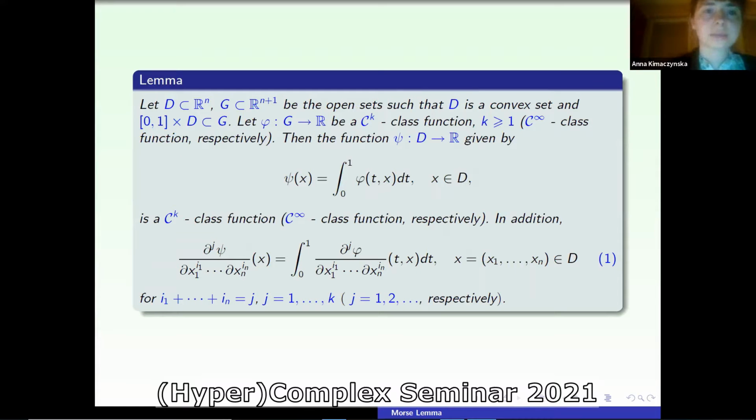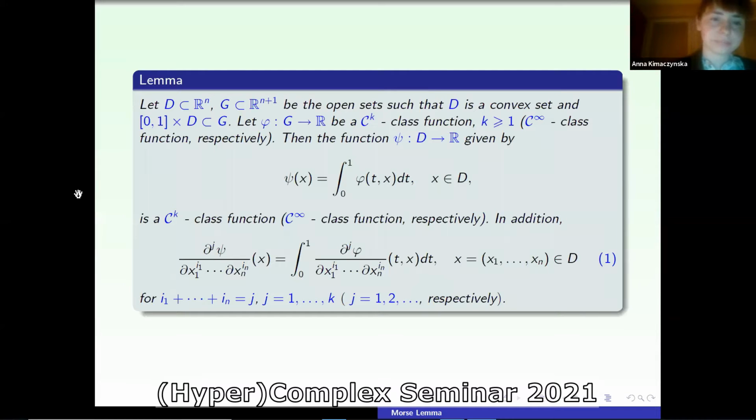Next lemma: let D be a subset of Rn, G be a subset of Rn, and let them be open sets such that D is a convex set, and the interval [0, 1] times D is a subset of G. Let phi be a C^k class function, C infinity class function respectively, then the function psi given by the integral is also a C^k class function, C infinity class function respectively.